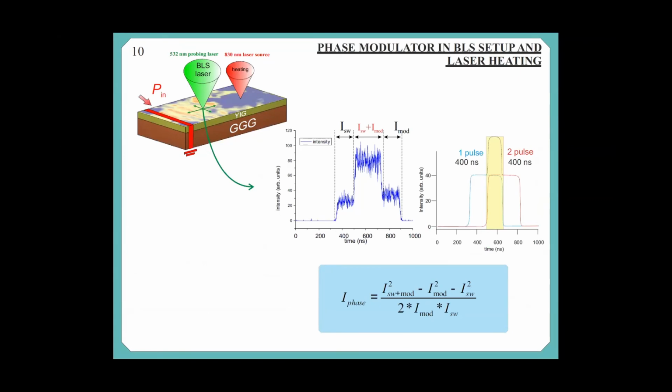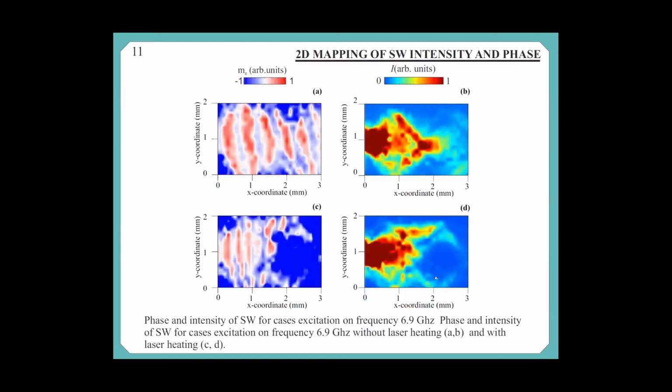In order to obtain phase information of spin wave in the system, we have two pulses. The first pulse is for excitation of spin waves, and the second pulse is for the phase modulator. These pulses have duration of 400 nanoseconds, and data about phase is calculated further using this equation.